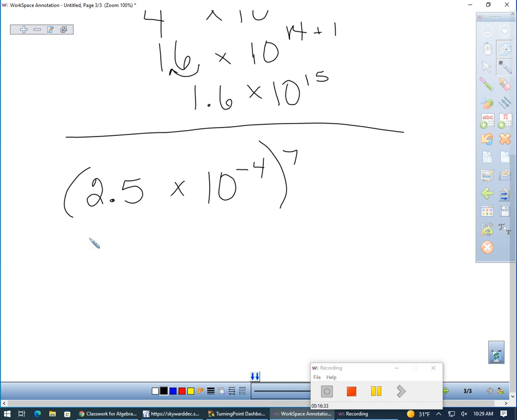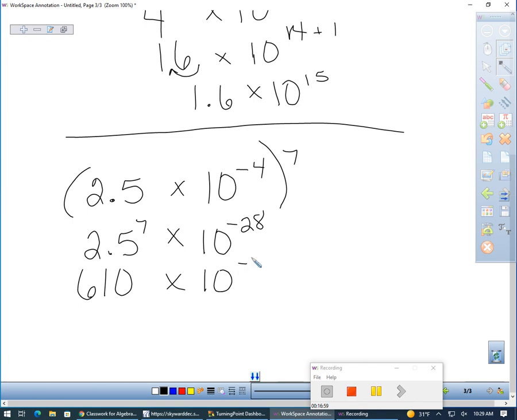All right. So we have 2.5 to the 7th times 10. What do we do with our exponent? Negative 28. All right. So now we got to simplify this first term. 610. Okay. 610 times 10 to the negative 28.